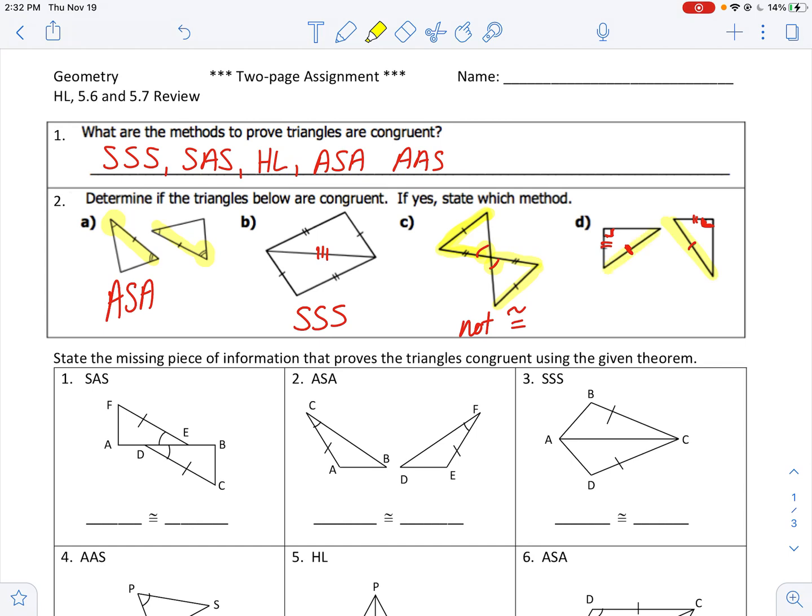That's a hypotenuse across from the right angle, and that's a leg. So that is hypotenuse, leg. And anytime you see those right angles or right triangles, that should be setting off some alarm bells in your brain that we've got hypotenuse, leg.